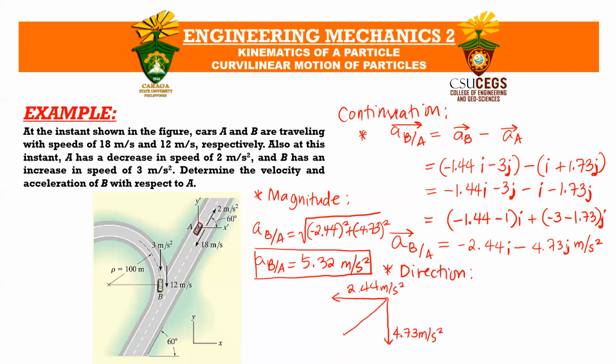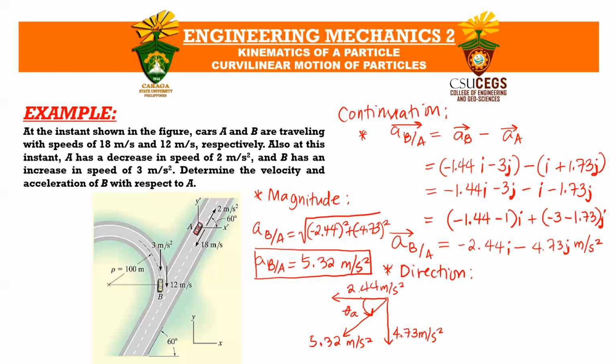This is the acceleration of B with respect to A, equal to 5.32 meters per second squared. For the direction, we need to determine the angle from the horizontal or x-axis, denoted with angle theta A.